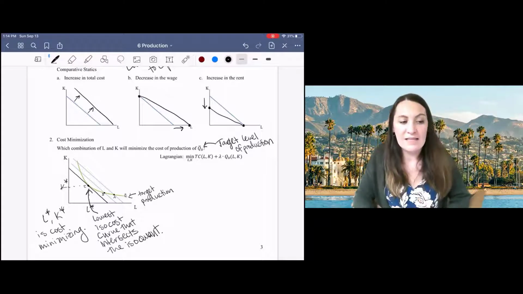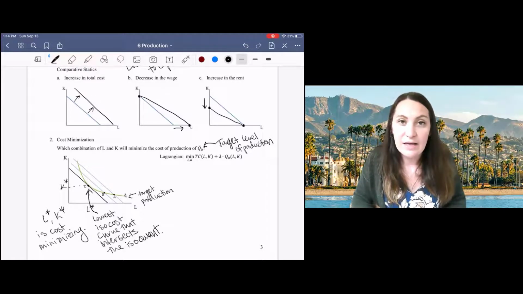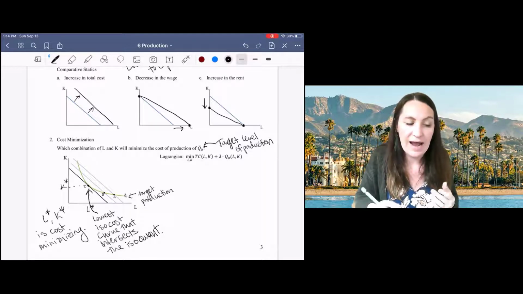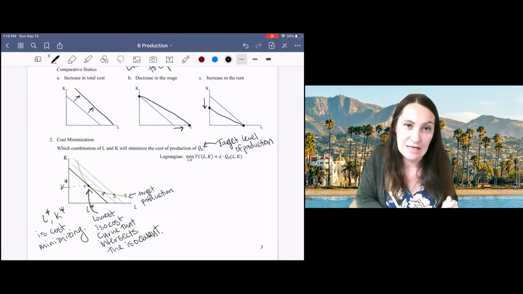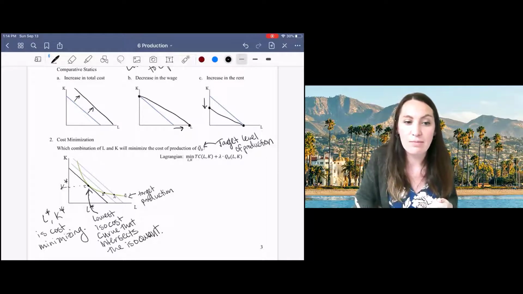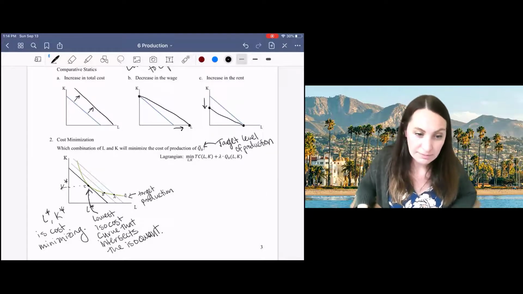So how do we find that point mathematically? We need to compare our slopes for isocost and isoquant curves, right? At the point of tangency, the slope of these two curves will be the same. And we will do that by writing out our minimization problem using the Lagrangian method, just like we have done before.